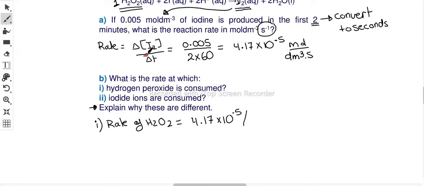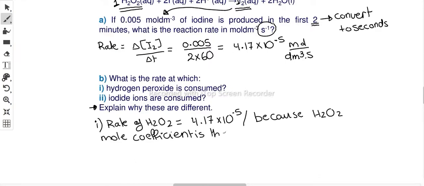So I'm going to say because the hydrogen peroxide mole coefficient is the same as iodine. So if they have the same coefficients, we always need to make sure that they have the same rate. But if they have different coefficients, we can apply a mole ratio as in part iii.